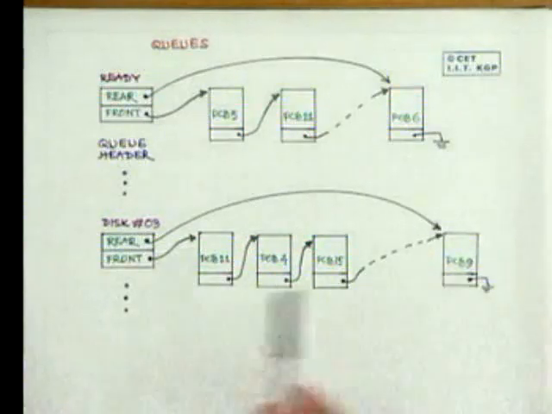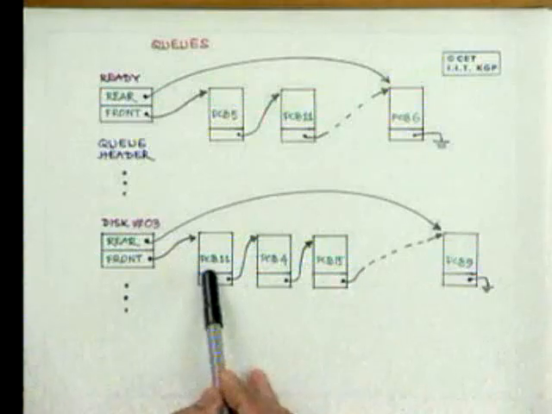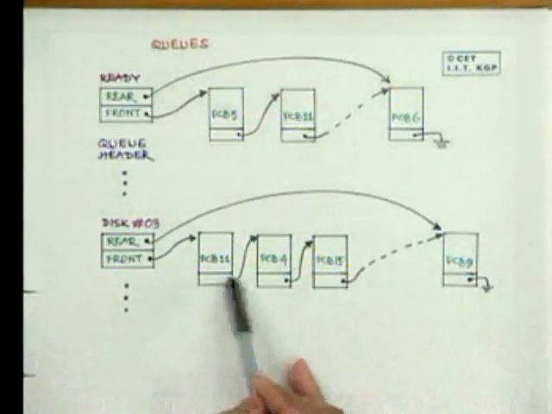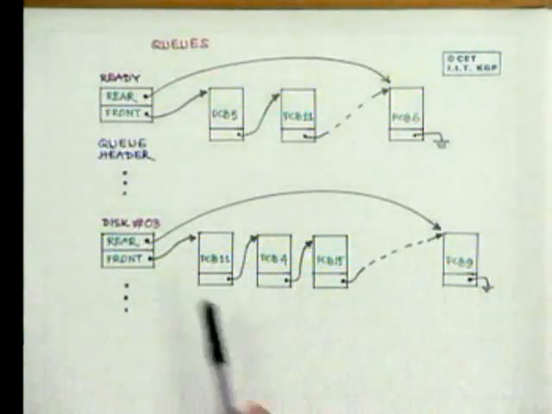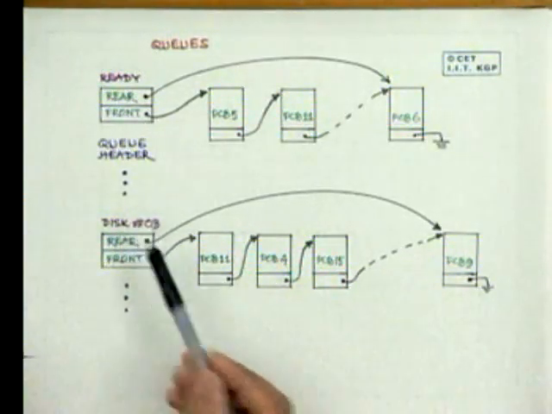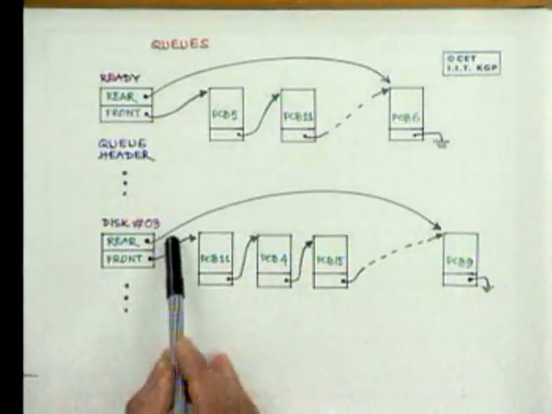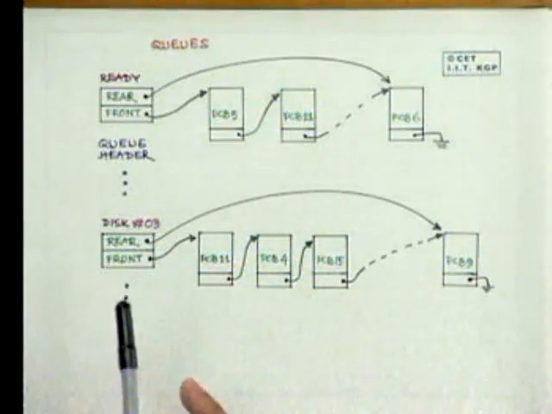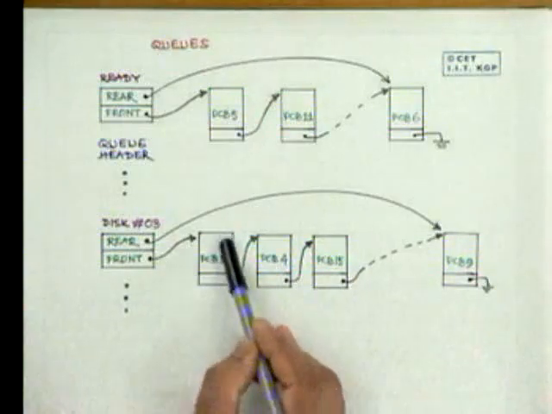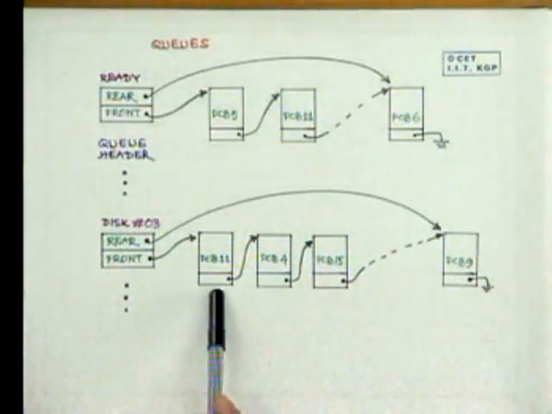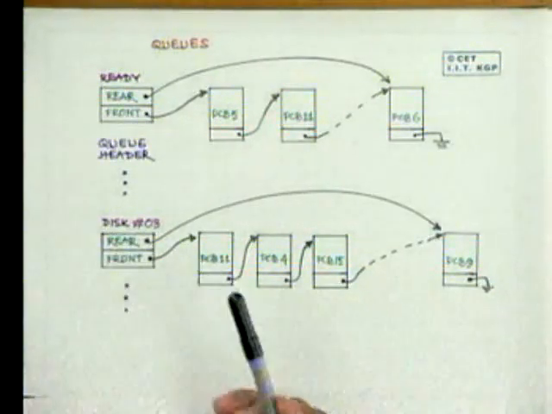This is the queue header for all the processes waiting for disk 03. One process is getting service from disk 03 and the others have to wait. Once that service is over, that particular PCB will be taken out and sent into the ready queue.